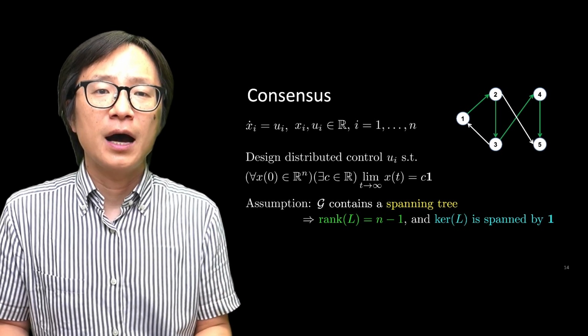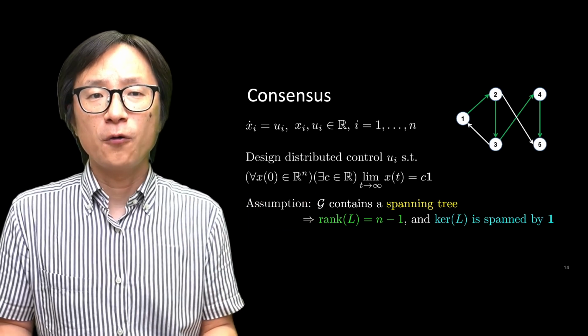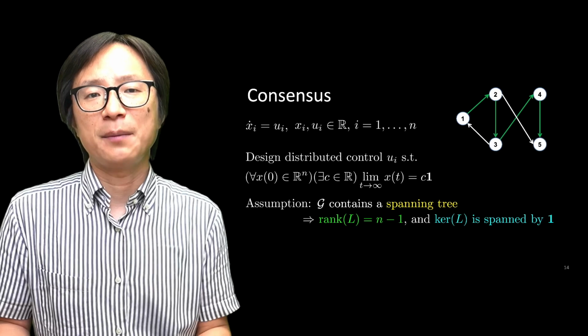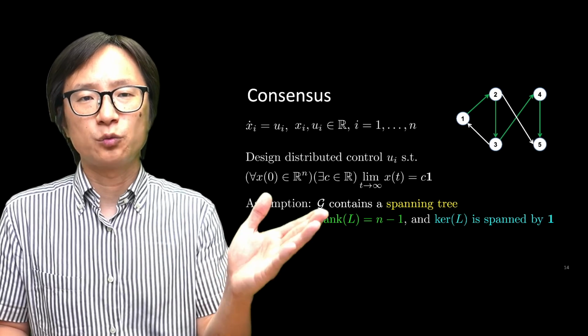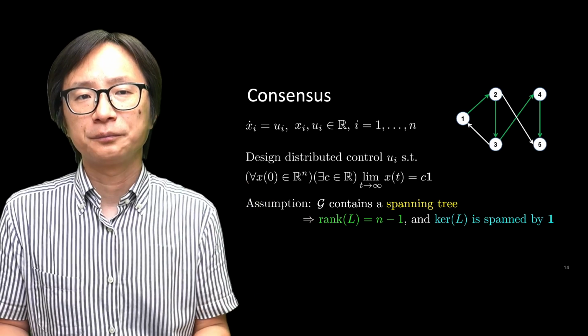Why? Because we know that this one vector is an eigenvector for the eigenvalue 0 of the Laplacian matrix. And here, because the rank is n minus 1, we have exactly one eigenvalue 0.